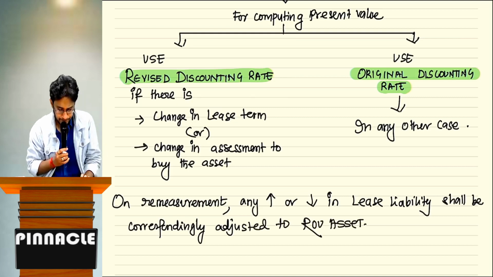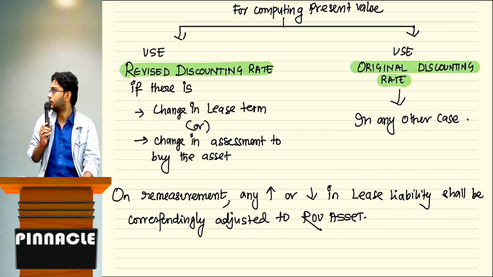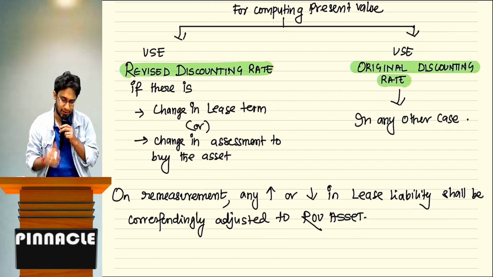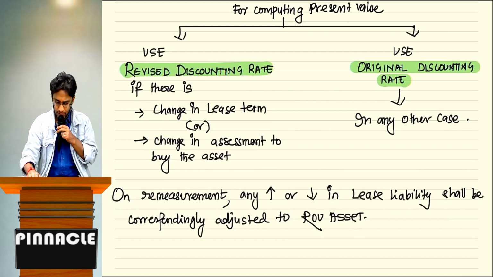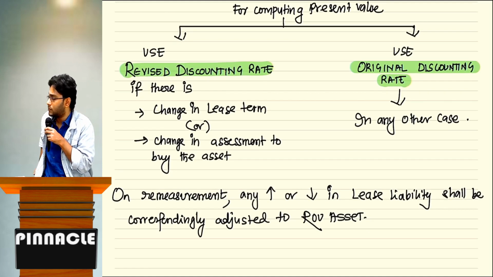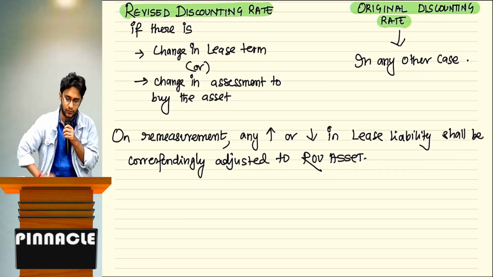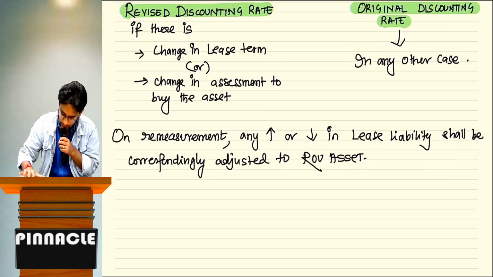That's it. A kind of a change in estimate or reassessment. Estimate also is not correct. Change in reassessment is the correct word. Guys, if you've copied this, you can pack up for today.